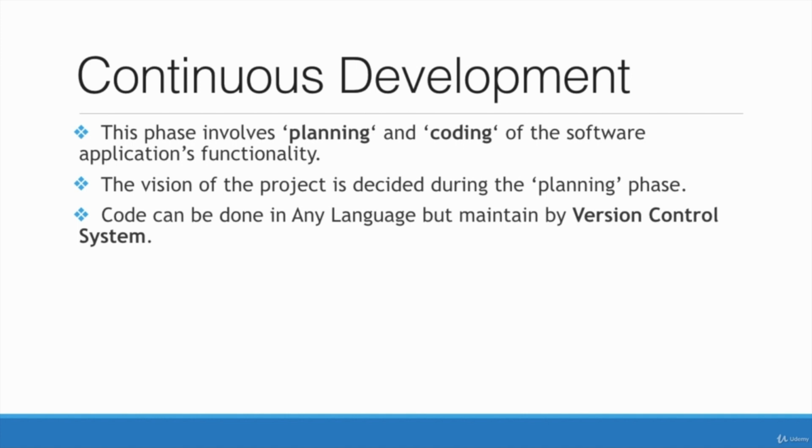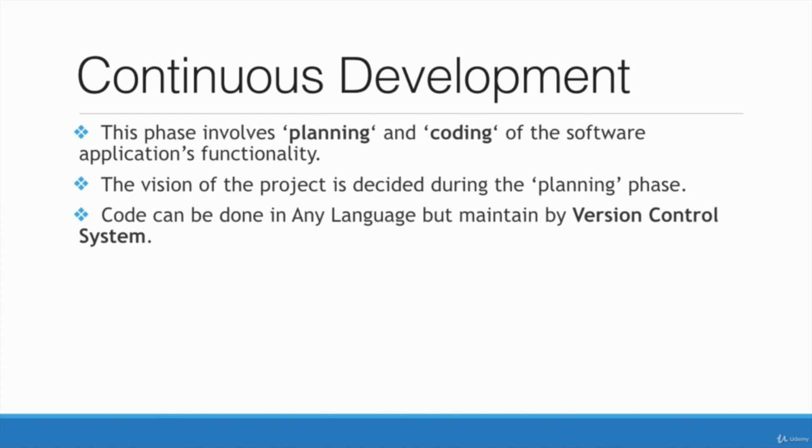Either you have a single release every month, or you have a weekly release as well. So planning and coding come into the continuous development phase. In the sprint planning, we will plan what work we need to do in that particular sprint, and in the sprint we will do that, right?